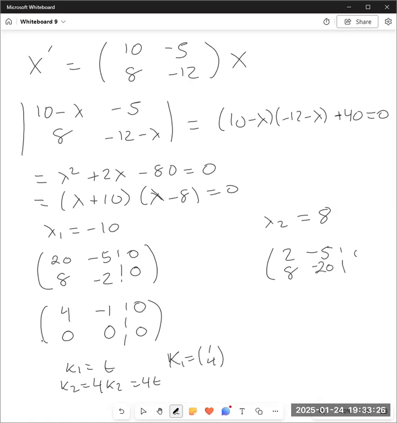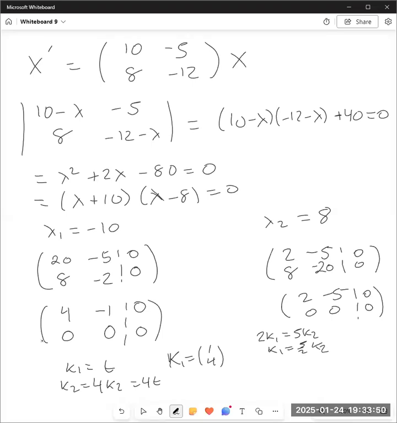That's probably a little easier to see. The bottom row is 4 times the top row. I don't need to do any simplification in the top row. The bottom row is a row of zeros. So 2K1 equals 5K2, making K1 equal to 5 halves K2.